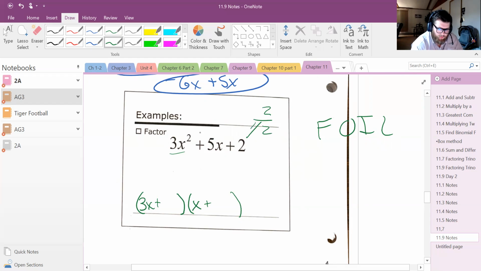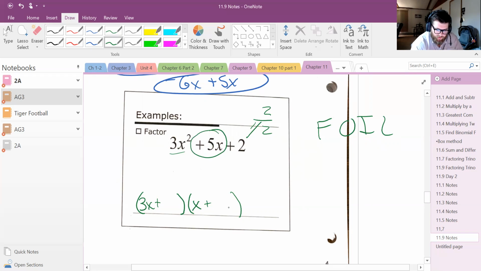So now I want to use a combination of 3 and 1 and 1 and 2 to get to positive 5x. All right. So once again, you can use your guess and check method, or we can realize that 3 plus 2 equals 5. Okay, so do I want to put 2 in this last slot? No, right?